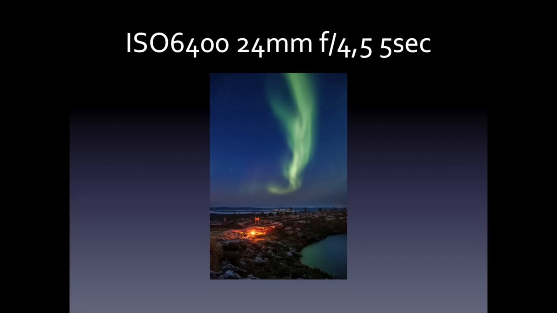This is around 11 p.m., so it was not really dark, but you still could walk there on the fell without a flashlight and see everything. But the Nordic Lights were so strong that you could anyway see them. I guess it's about 1 hour after sunset, around about like that.